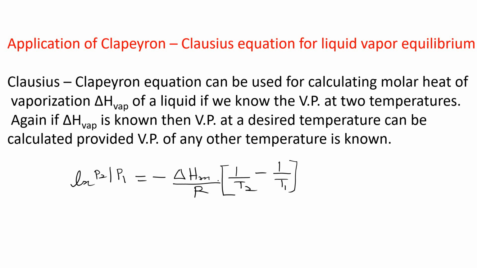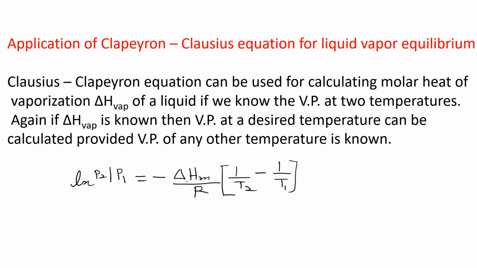Now look here. If you know the vapor pressures P1 and P2 corresponding to temperatures T1 and T2, then using this equation you can calculate the enthalpy of vaporization of that liquid.